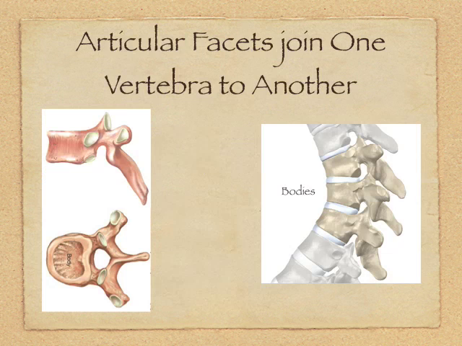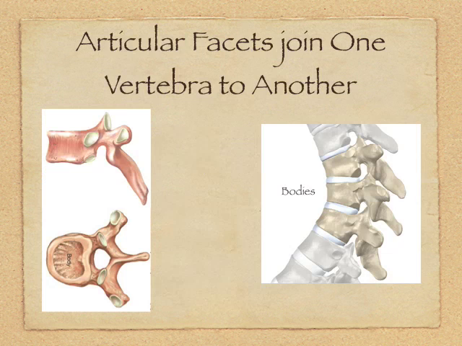The fourth element of each vertebra are what are known as the articular facets, and they join one vertebra to another posteriorly. The bodies unite the vertebra anteriorly, and these facets unite the vertebra posteriorly.